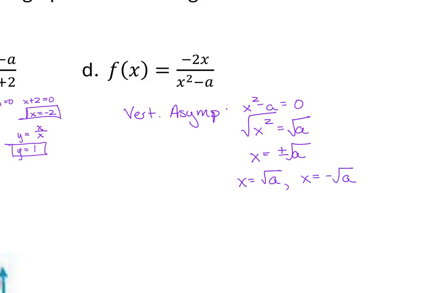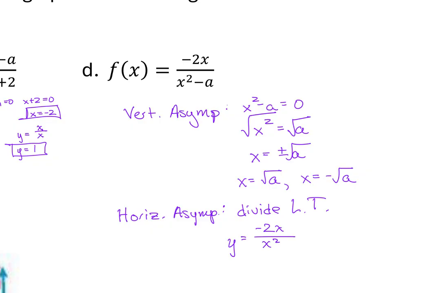All right, the other thing that we want is the horizontal asymptote. We're going to divide the leading terms. And if we do this, we get y equals -2x over x squared. And I can cancel 1x.